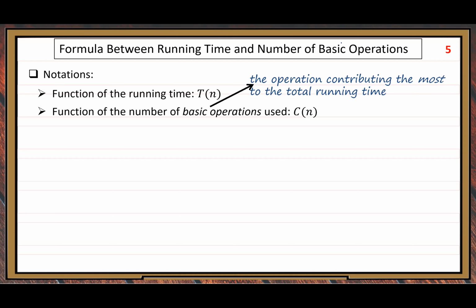Addition is not, because multiplication has this property: it is the operation contributing the most to the total running time. Multiplication is the big part. Addition is a very small portion. Multiplication dominates addition. So we make that kind of operation the basic operation.